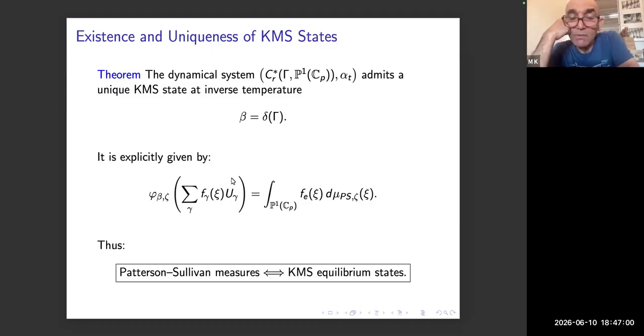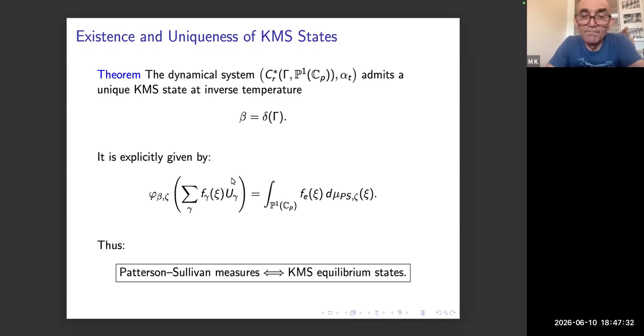I think it's nice because we saw the relation between KMS equilibrium states and Patterson-Sullivan measures in this Berkovich context. Now, of course, from here one can go in many directions. But we have to see what should be the next step. We have some ideas. There are a lot of open problems, but we have to see which one to take.